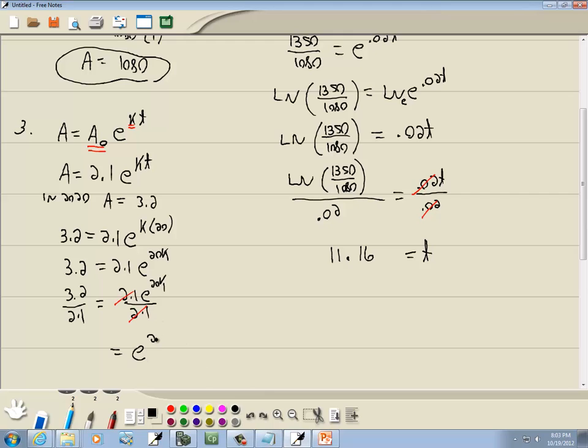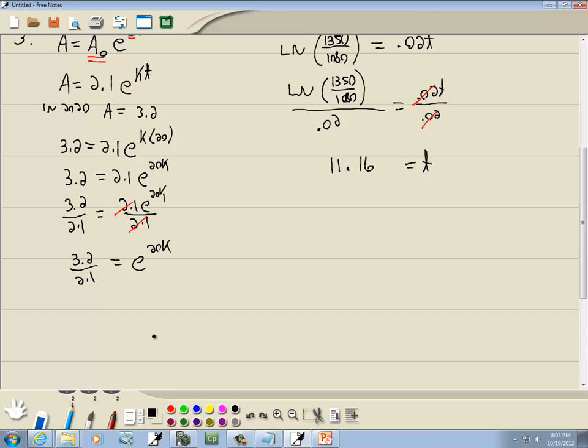And here we got e to the 20k is equal to 3.2 divided by 2.1. Now, our next step is to take natural log of both sides. So we'll take ln of both sides.